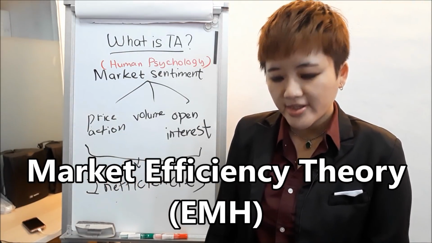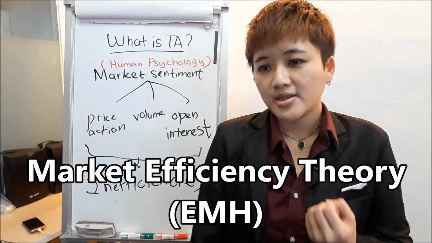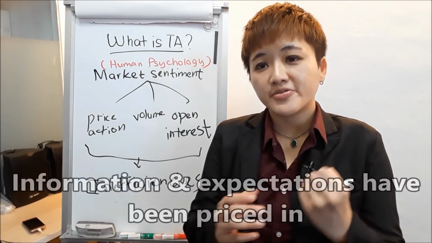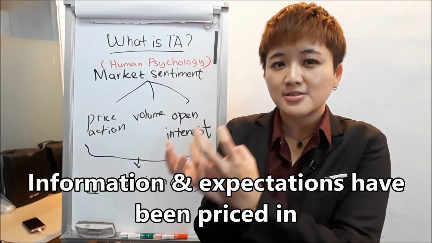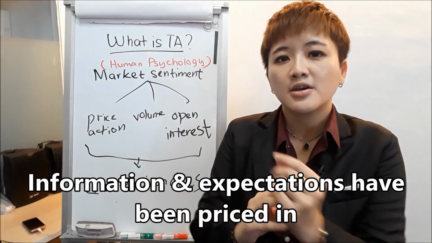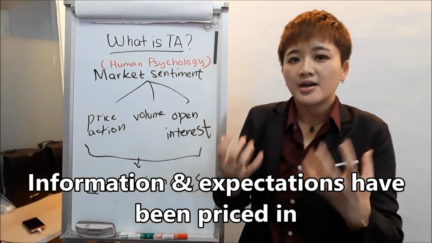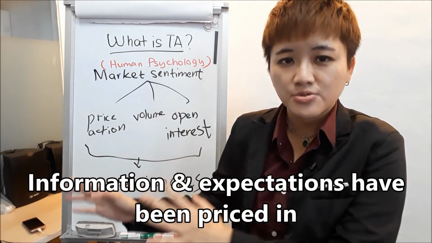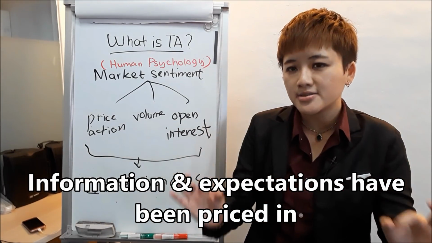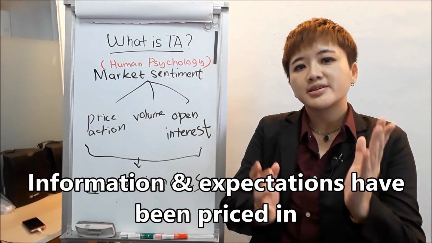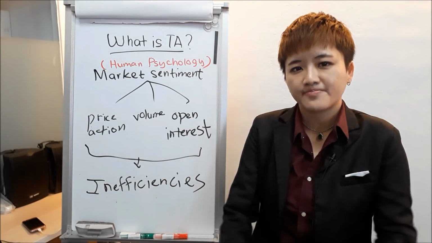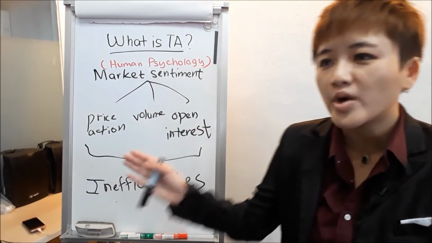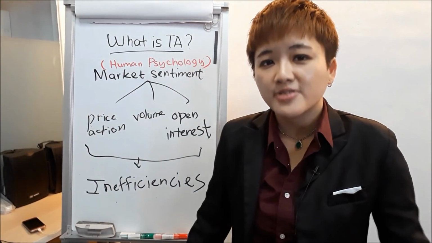So what's this theory all about? It says that in the markets, all of the information or expectations of what is going to happen, all of these things are already priced into the market, and hence traders, investors cannot make money. If this is true, then why are there market crashes?